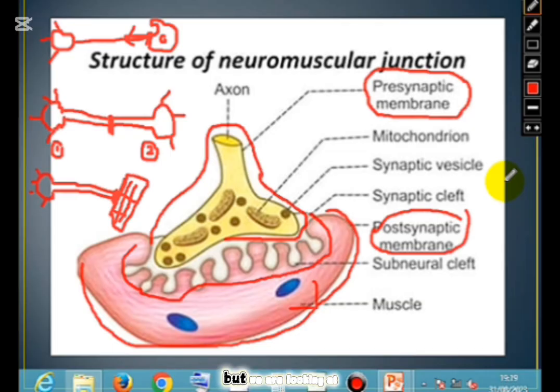But we are looking at the structure of the synapse. And we say that the structure or the anatomy of the synapse is made up of three parts. The first part is known as the presynaptic body. The second part is known as the postsynaptic body. And the third part is known as the synaptic cleft.